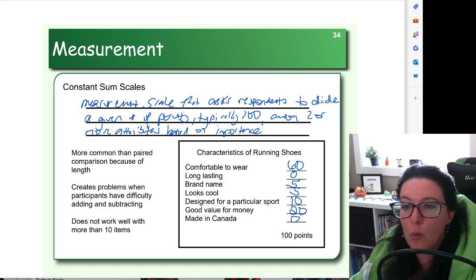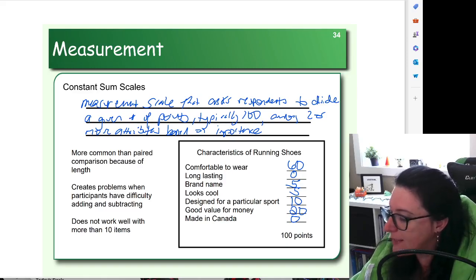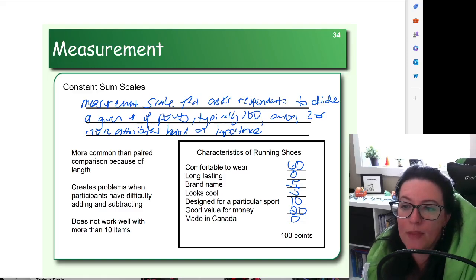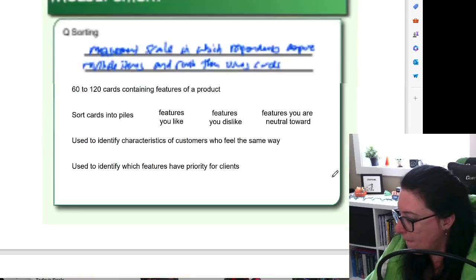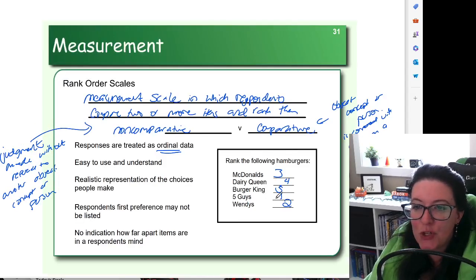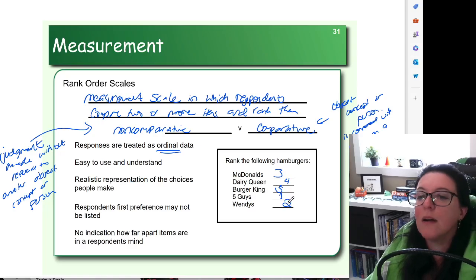I can show what priority things have, so you can easily see that comfortable to wear is the most important to me. And the benefit of this method over the rank order one is that I can actually show how much more important one item is versus another. Because remember, the problem we had with the rank order scale is that Five Guys could be way better than the next choice of Wendy's, or they could be basically the same and really close to each other, Five Guys slightly better, and it would still end up with 1 and 2.